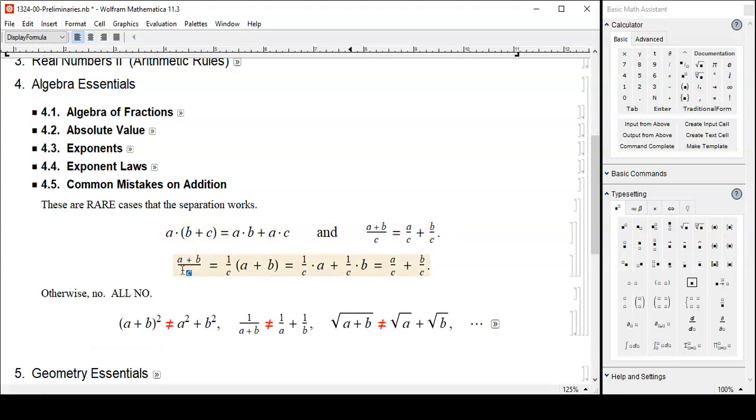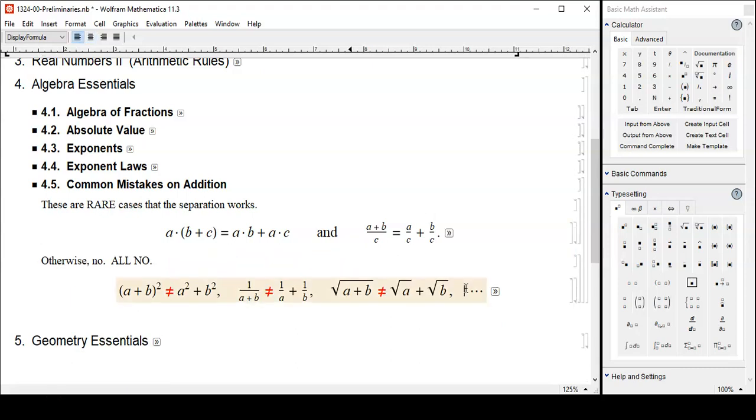The division, which I'm highlighting in blue, is the same as multiplying by the reciprocal. And then you can use the distributive property. In the end, you can separate the numerator like this. But that is a rare case where the separation works.